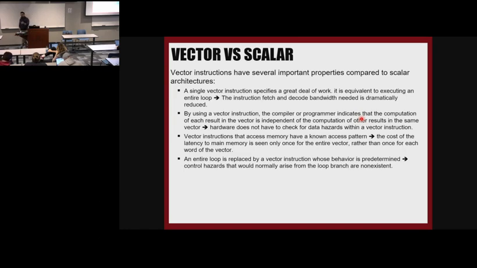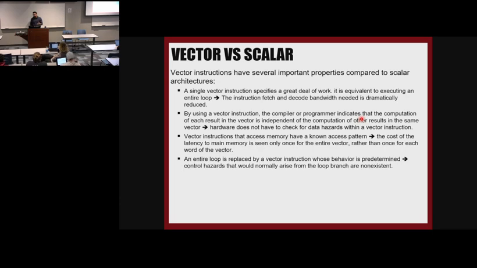When you create a loop, you have branches, then you might have control hazards, and you have to check for control hazards and so on. But when you use vector instructions, you can replace a loop with just vector instructions. Getting rid of the loop means that we don't need to check for control hazards, and we don't need to have a branch prediction block, for many cases.